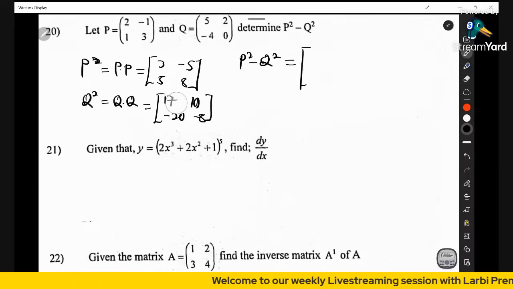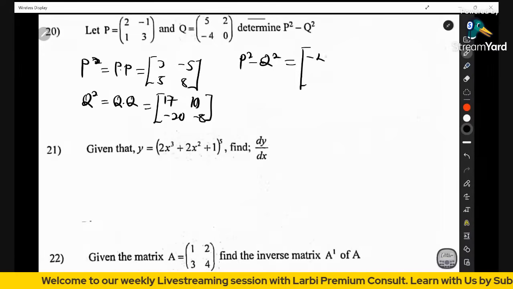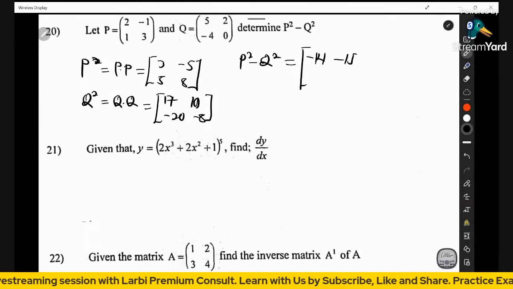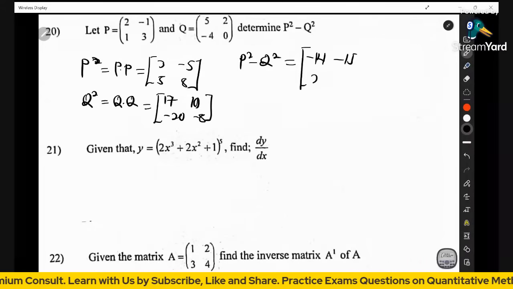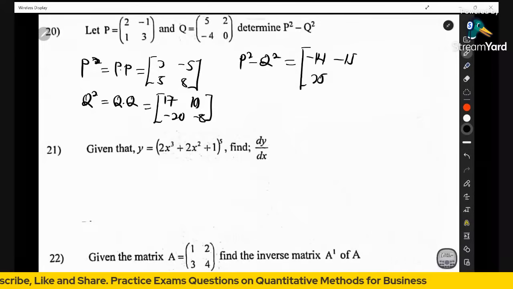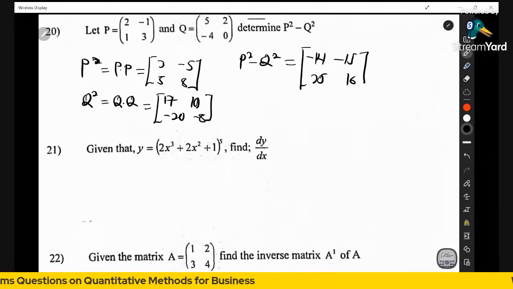Corresponding entries will do. So this subtracted from this, we are getting -14. And then this from this, we are getting -15. This from this, since the negative makes it a positive, you're getting 25. And then lastly, -8 subtracting from 8, we are getting 16.